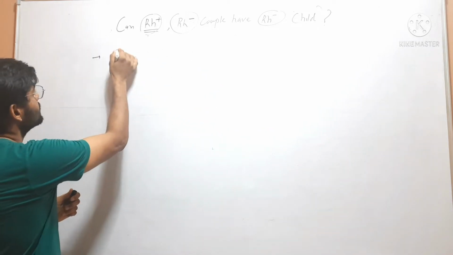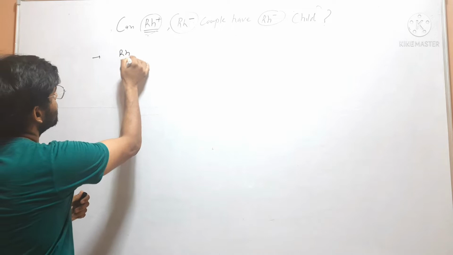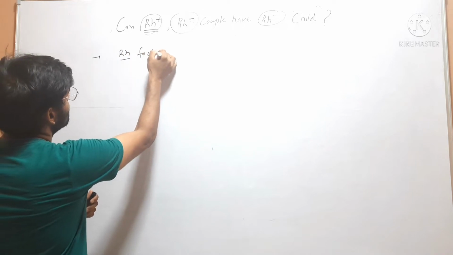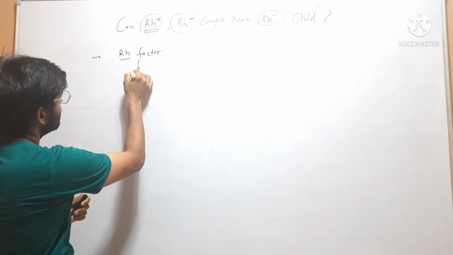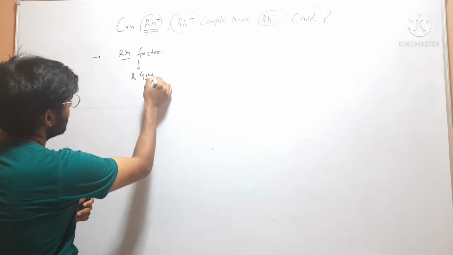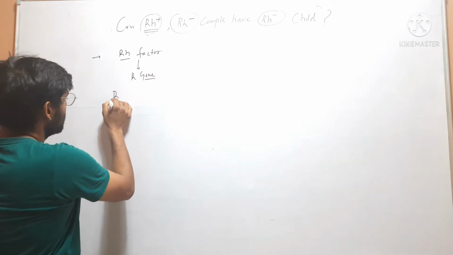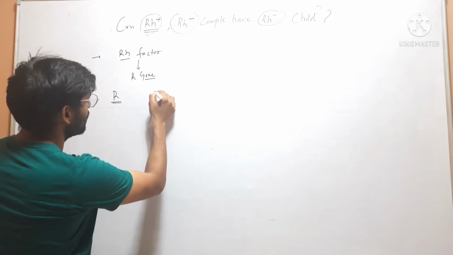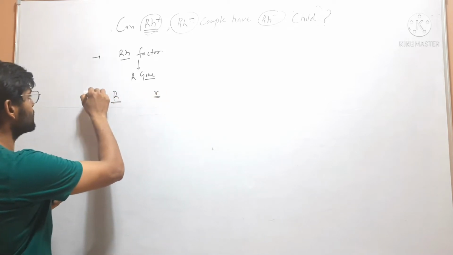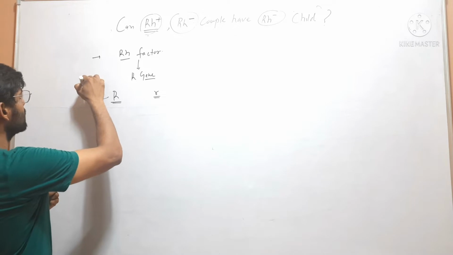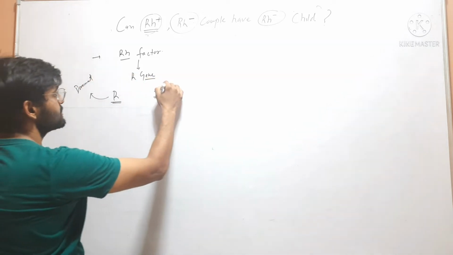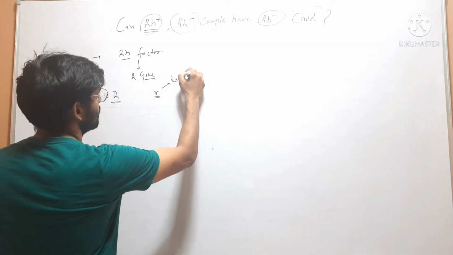We know that this Rh factor is controlled by the R gene, and this R gene has two variants, that is capital R and small r. This capital R is the dominant allele and this is the recessive allele.